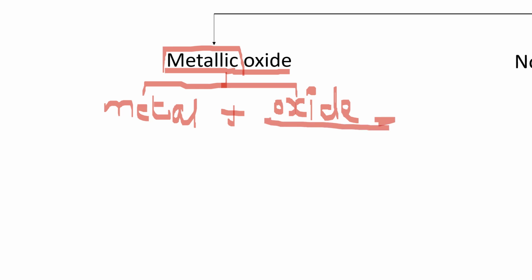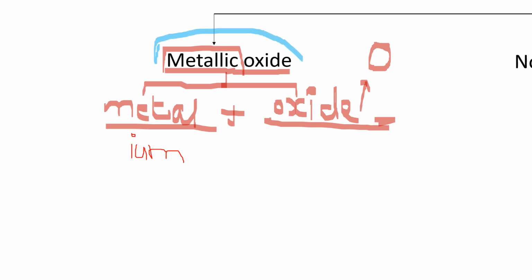Oxide ions basically means the compound or the element which consists of oxygen. And we know that metals can be identified, for example lithium, sodium, potassium and beryllium. These are metals. Now let's have a look at these metal oxides with an example.